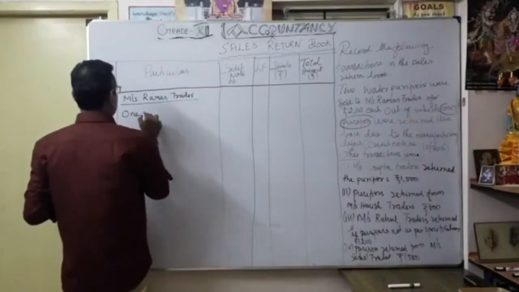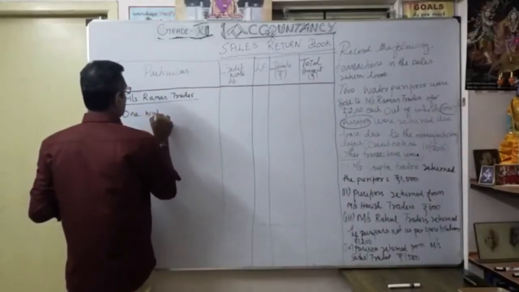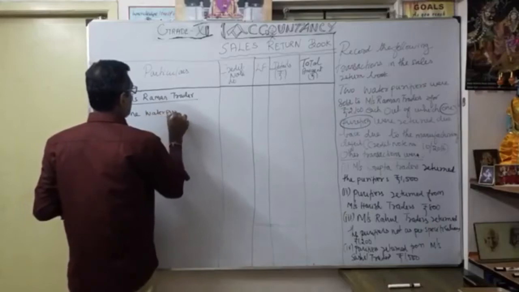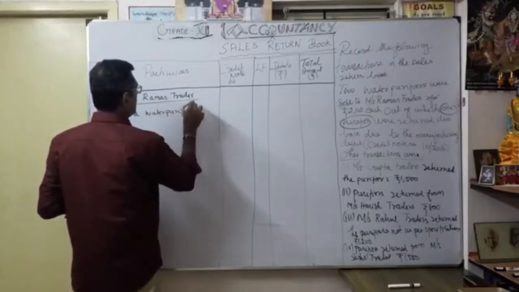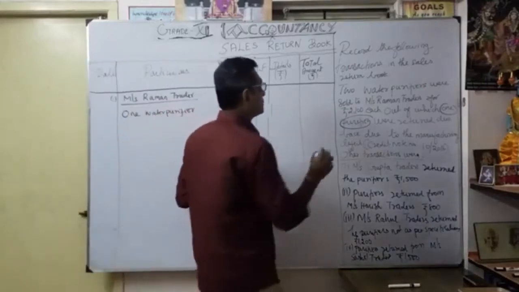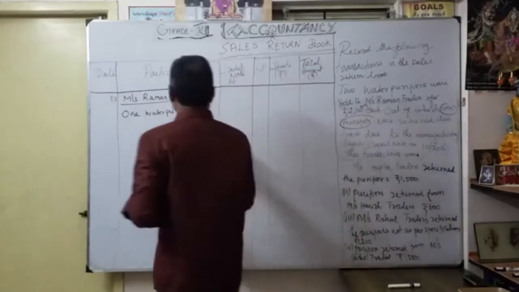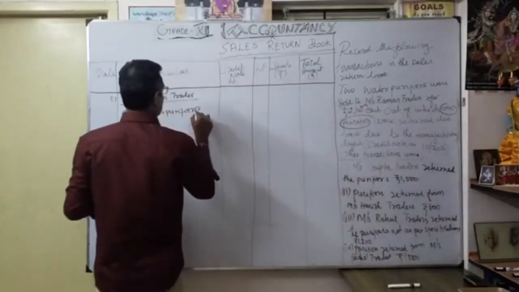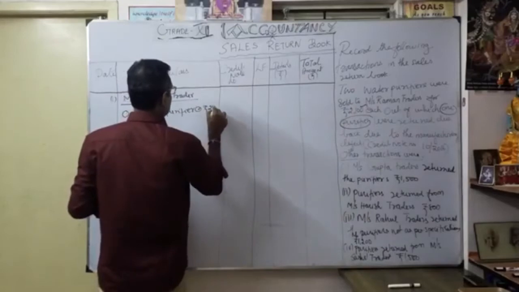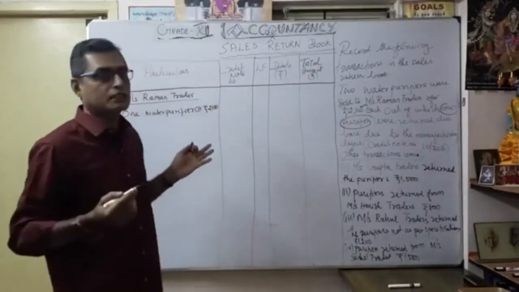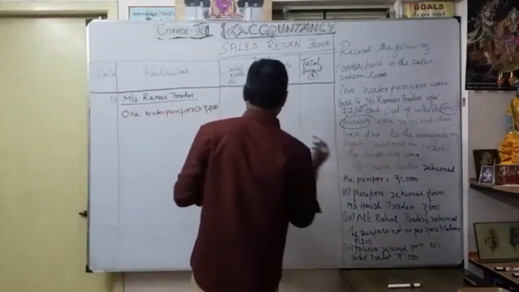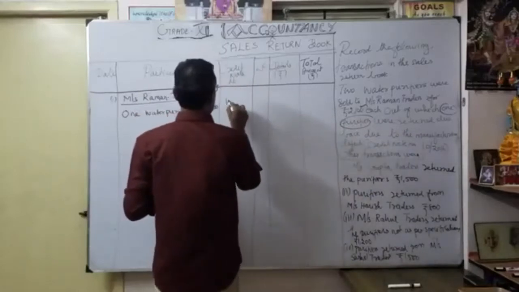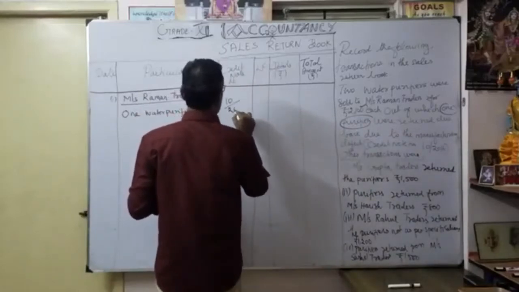One water purifier, at the rate of 2,100 each. Purifier 2,100. Here no discount, nothing, so we can write it directly. Before that, we have to write the credit note number 10 bar 2016.